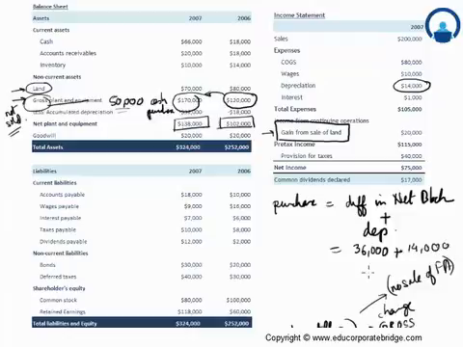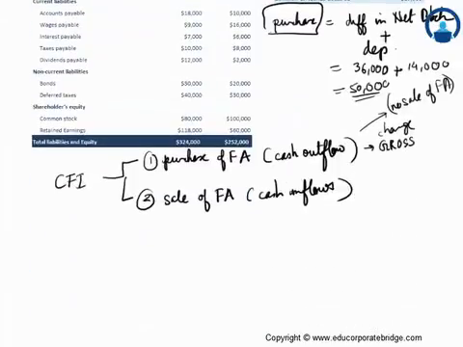So you can also find your purchase using this formula, or you can go by the gross approach. Whichever way it is, we are talking about 50,000 as the cash outflow because of purchase of fixed assets.